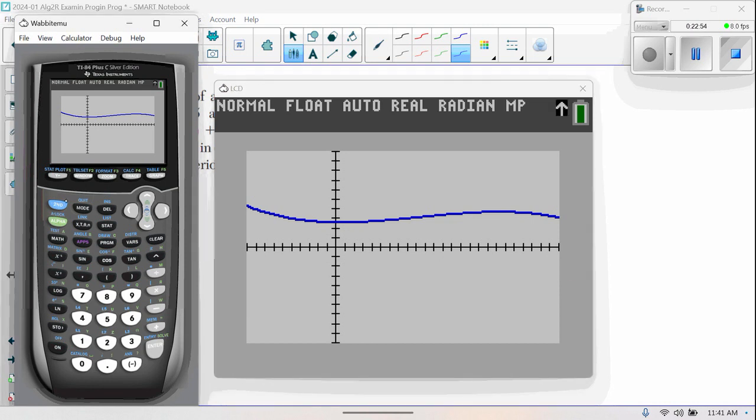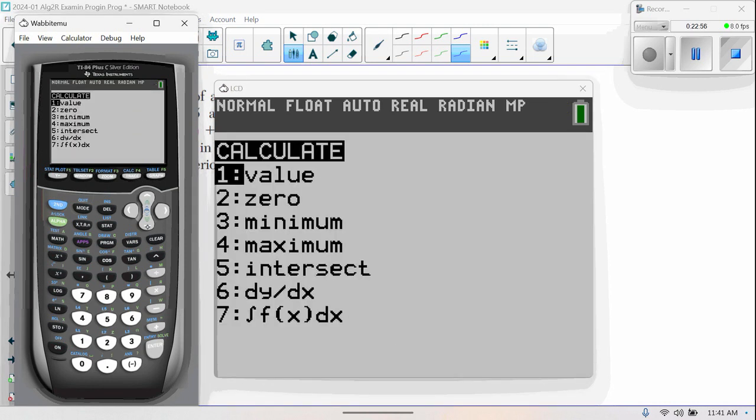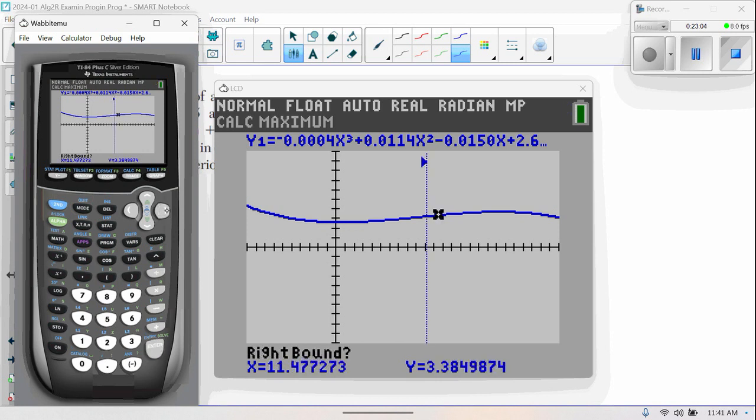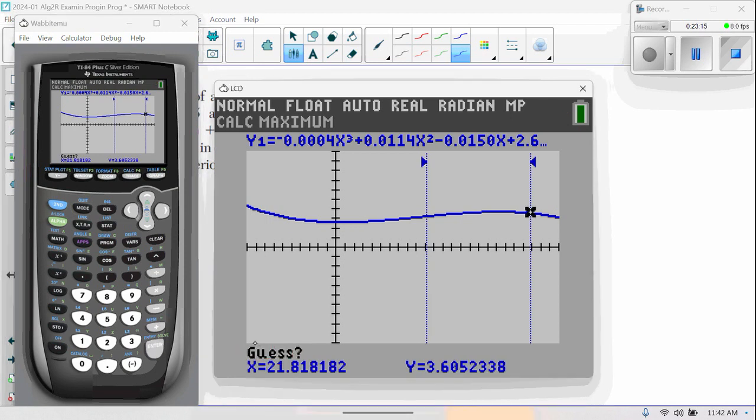So I'm going to go second, trace, and I want to find my maximum. So I just got to be to the left of my maximum. I am. Then I got to go to the right of it. And I hit enter. And then if you look at the bottom, it says, do you want me to guess?